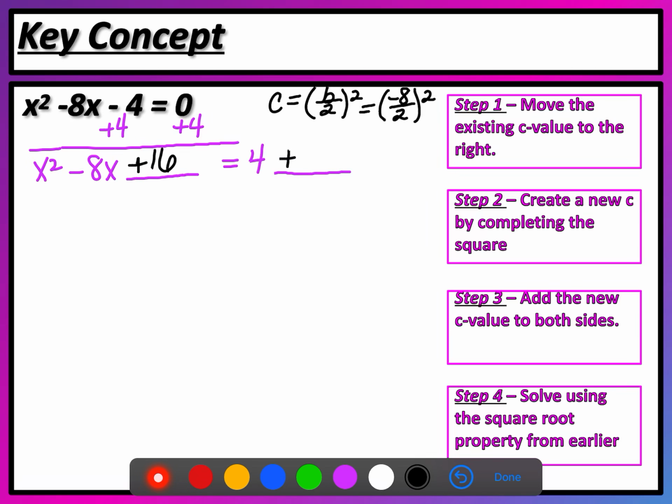Squared is 16. So I'm adding 16 to both sides. Now you should realize that your c value is always a plus, because regardless if you square a negative or you square a positive number, it always comes out as a plus. So your c value should always be a plus.